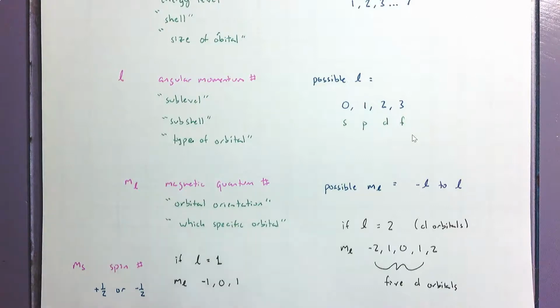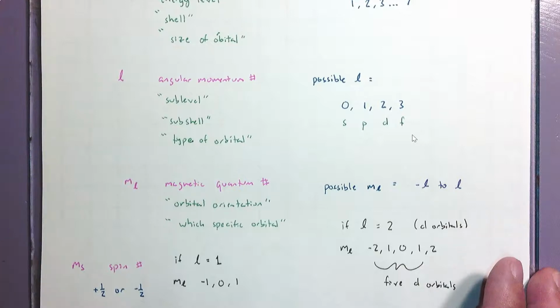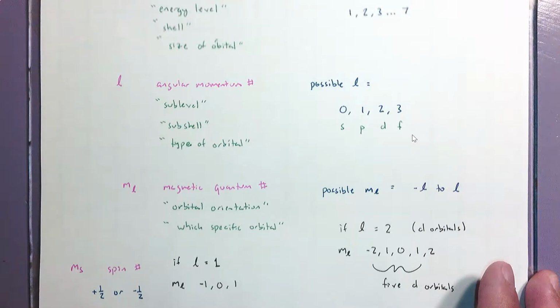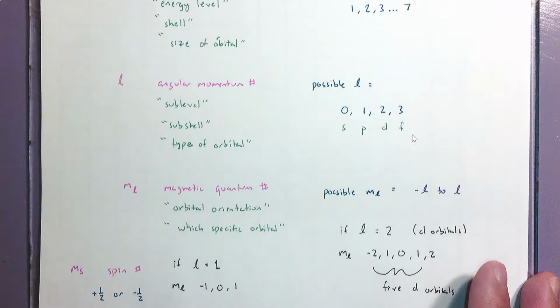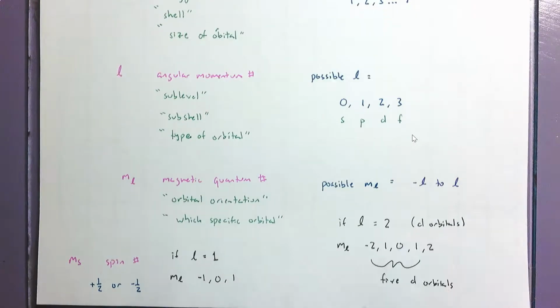I have a problem for us because a classic problem with quantum numbers is which set of quantum numbers is impossible? Well, how can a set be impossible? What if you had an electron in the d orbital?